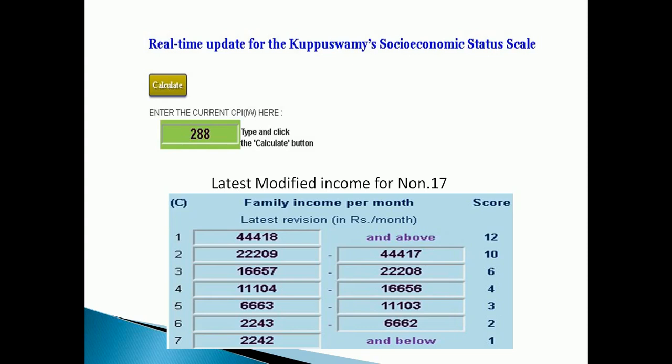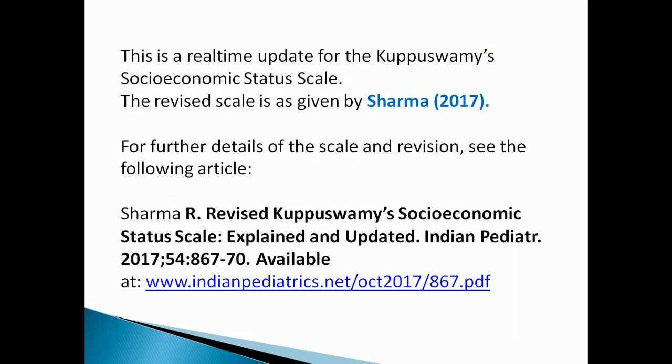Now it is coming to 44,418. In January it was 42,000, now it is 44,000. So as you see, how the inflation rate is going up. This is a real-time update of the Kuppuswamy socioeconomic status scale.